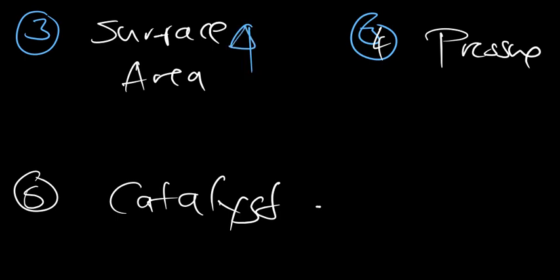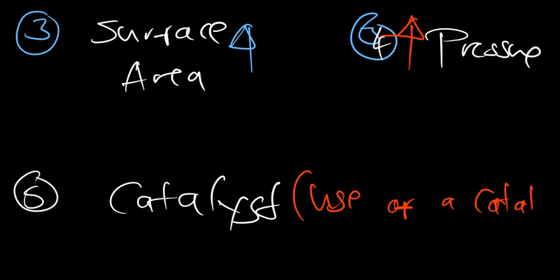What would happen if we were to increase the pressure? Just comment on one and give a chance to your friend to comment on the other. Of course, we can't say increase in catalyst. Doesn't make sense. Use of a catalyst. What would happen if we were to increase the surface area of the reactants? Anybody?